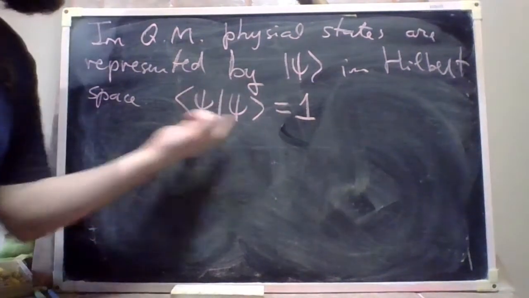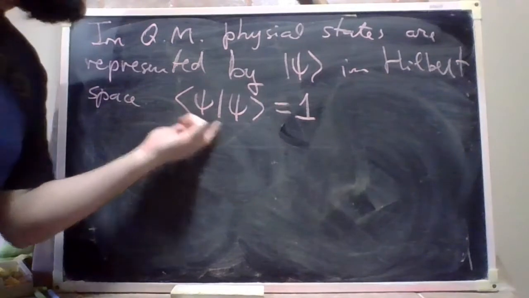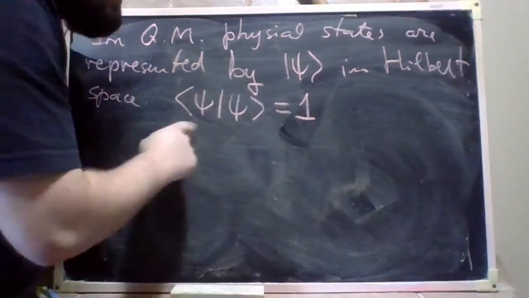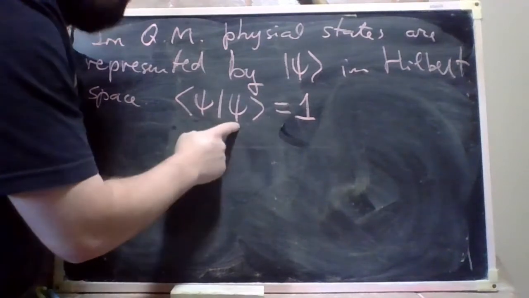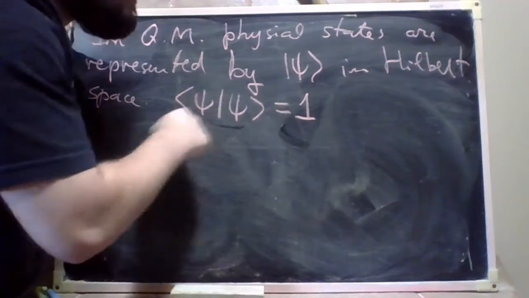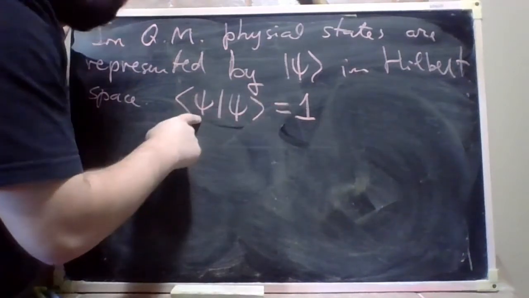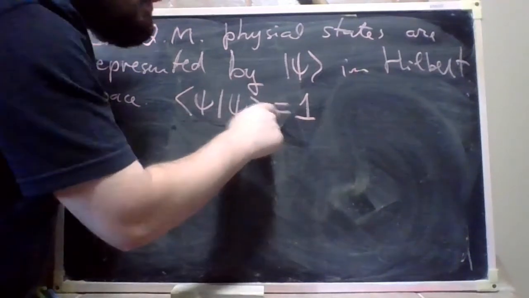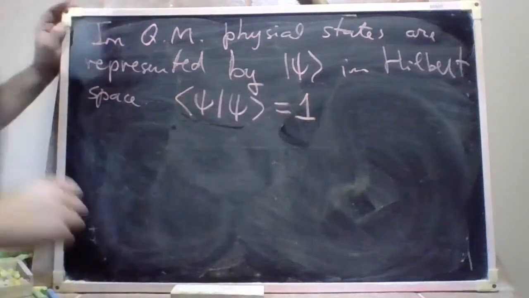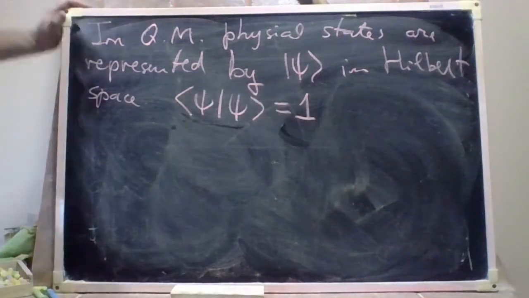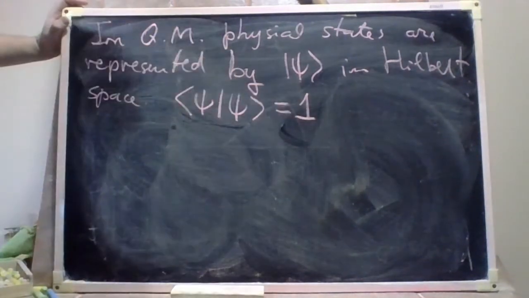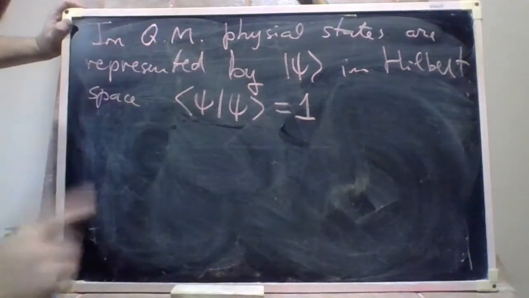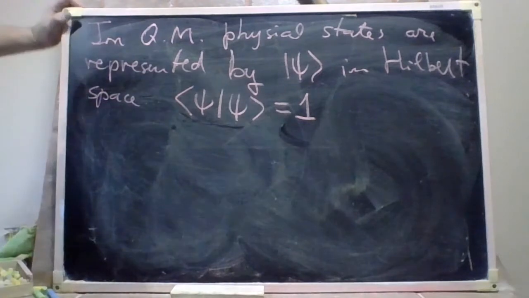So given psi, what is the probability of measuring psi? It's the modulus squared of this number, but since it's projected onto itself, and the projection of a vector onto itself in Hilbert space is a positive definite quantity, this thing must be unit. All right? So in quantum mechanics, physical states are represented by that psi, and this condition must always be satisfied.